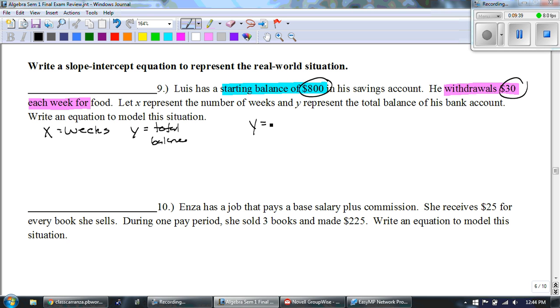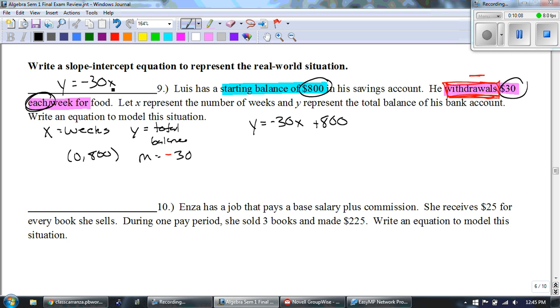Our starting balance is going to be our y-intercept, (0, 800). Our slope is going to be that 30, because there's the word each, but there's a big word in front of it, withdraws. If he is withdrawing, that means it's a negative 30. So y equals negative 30x plus 800.